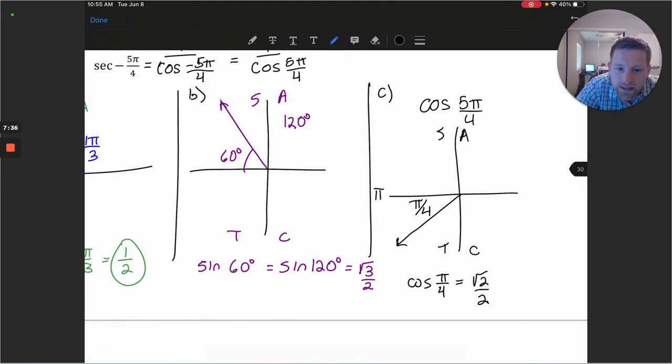But I am in the third quadrant where the cosine is negative. So the cosine is negative in that quadrant, and this will be equal to negative square root 2 over 2.